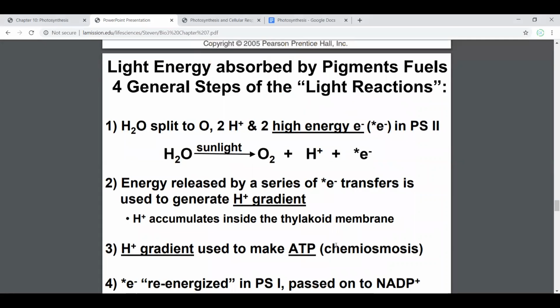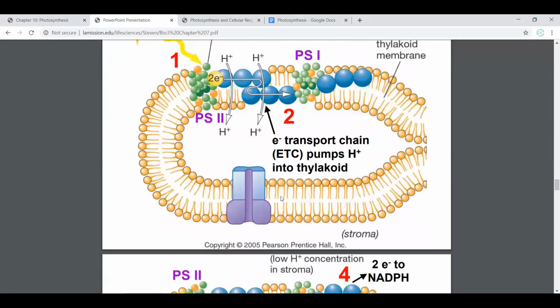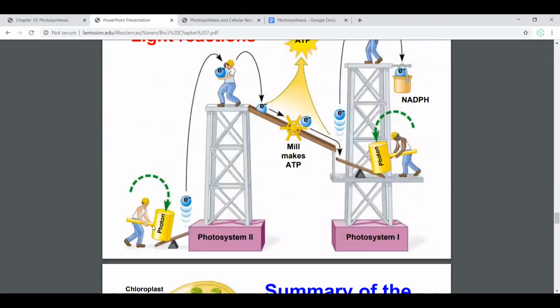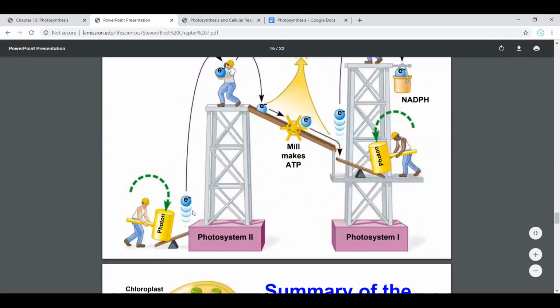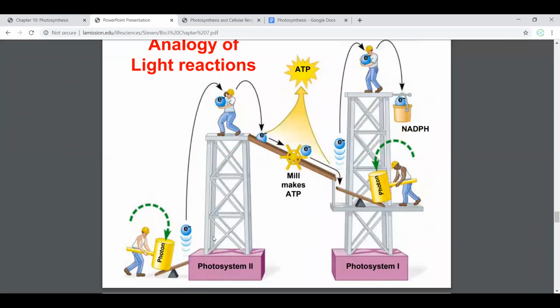So now let's talk a little bit about the splitting of water. Here we have the photon which powers the electron, and then the electron moves through this entire cycle. But after the electron is powered, we actually have a molecule with a positive charge, because it just lost an electron.